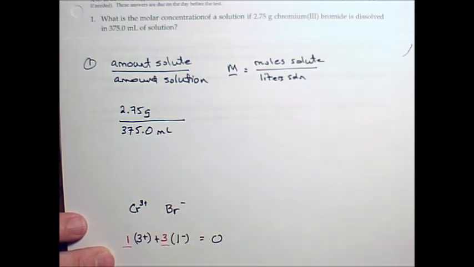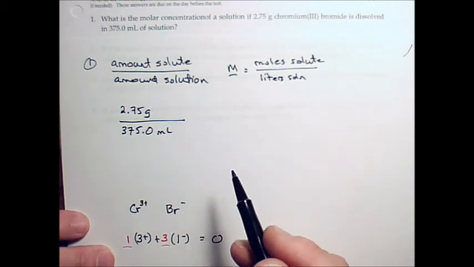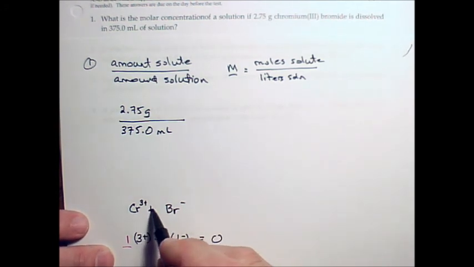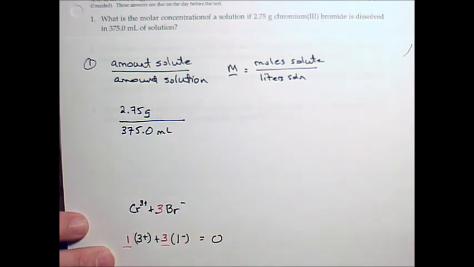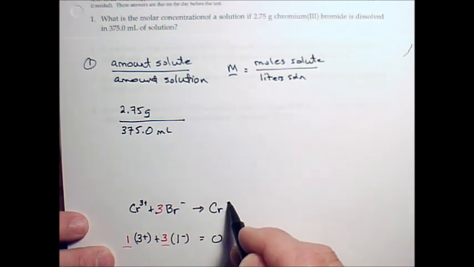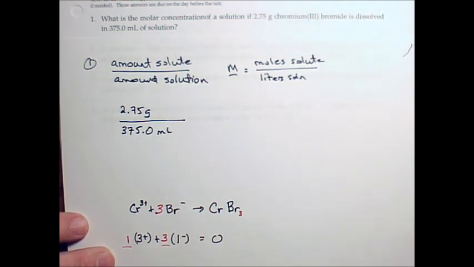So when I put it together, I need 3 bromines. And so to make the formula then, I have 1 chromium, and the way that I show 3 bromines bonded together with that is to put a subscript 3. So that's the formula for chromium 3 bromide.